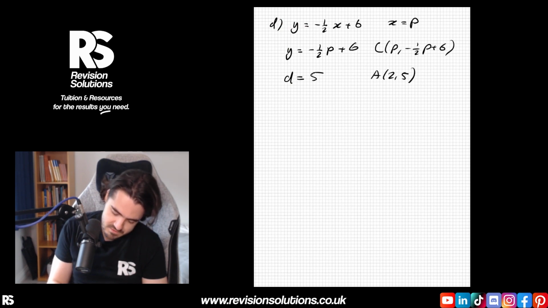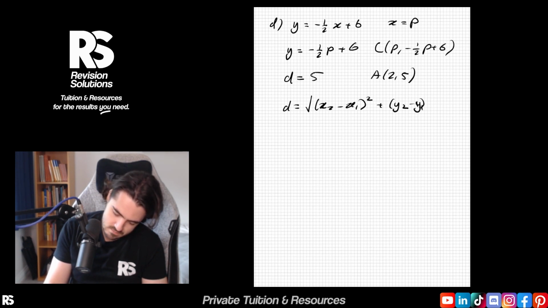So if we use our distance formula, which was the square root of x2 minus x1 squared plus y2 minus y1 squared, with these 2 points, we know that distance needs to come out as 5.